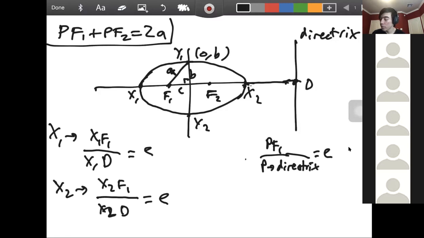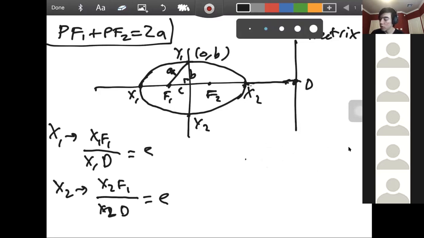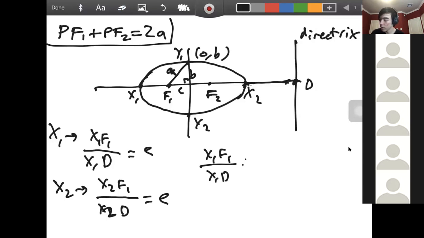Our goal is to find where d is. So if we divide these two, we get x1f1 over x1d is equal to x2f1 over x2d. We actually know what some of these lengths are.